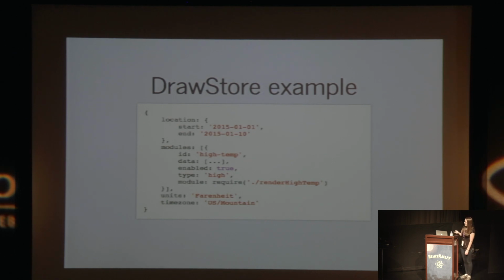Only the enabled render module from the previous config store example got pulled over into this, because the draw store is about what you're currently looking at, so it doesn't care about the modules that aren't currently enabled. And then it's also augmented this module with data. That would be the data that's currently in view at the location where you're currently at. So this is like a 10-day span of time, so this might be like a 10-day weather forecast view.